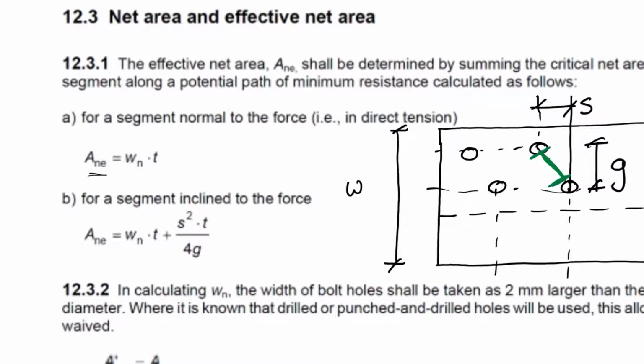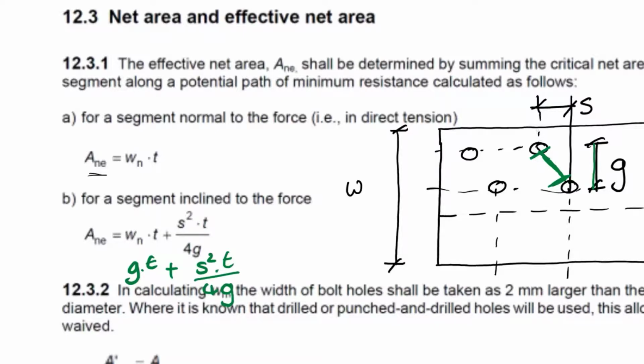But what we do is we convert a horizontal distance g. So this would be, for instance, g times t. If I was just working on this green section, this would be g times t plus s squared times t over 4g. That would be then my green section.